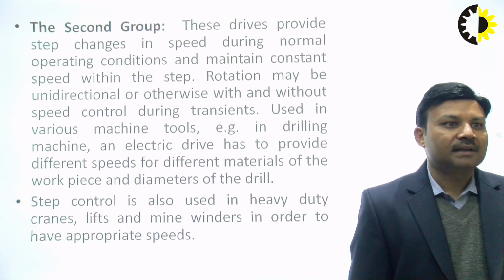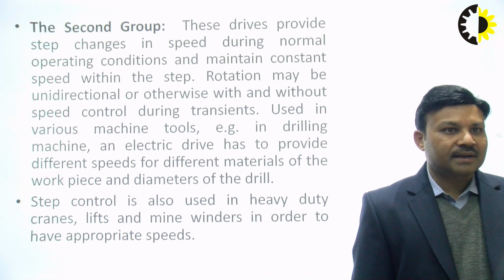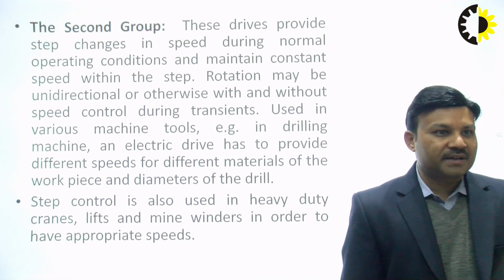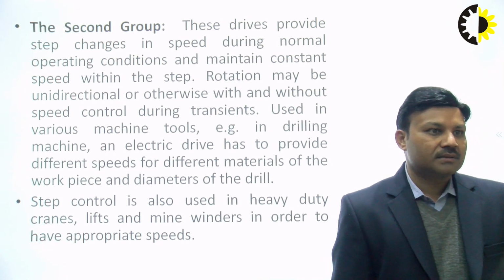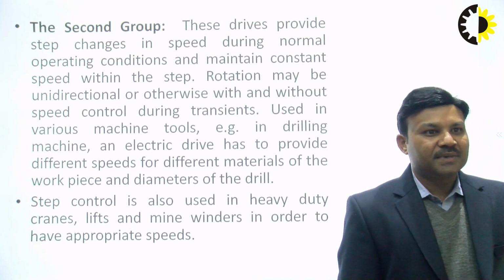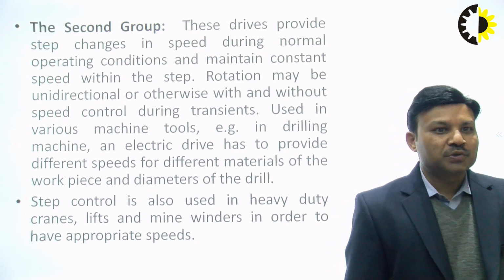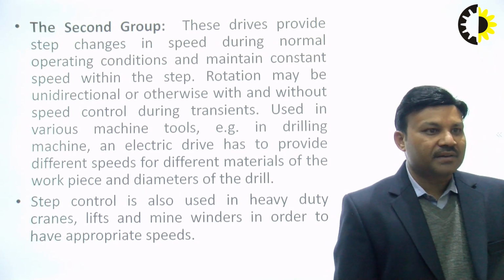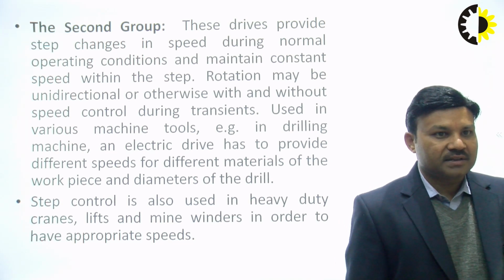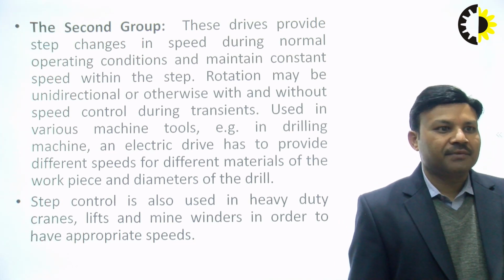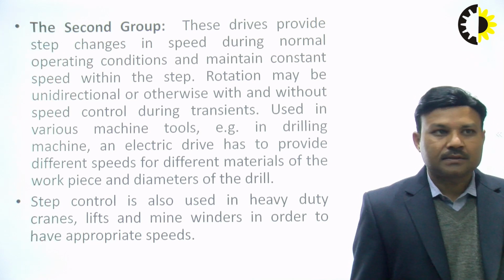For example, in a drilling machine, an electric drive has to provide different speeds for different materials of the workpiece and diameters of the drill. Step control is also used in heavy duty cranes, lifts, mine winders in order to have appropriate speeds.